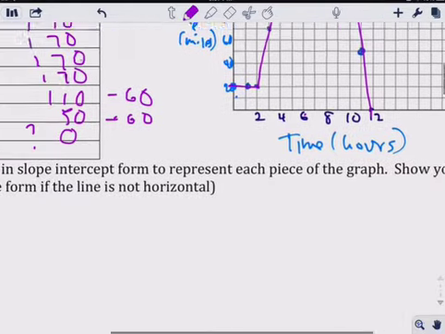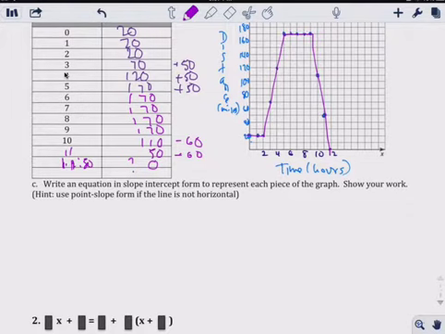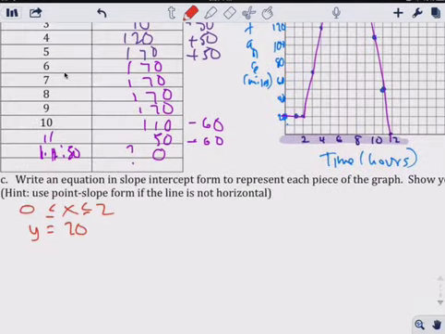Alrighty. Write an equation of a line to represent each piece of the graph. Piece 1 is from 0 to 2 hours. Notice it's all the domain. Rewrite the domain, 0 to 2 is y equals 20.